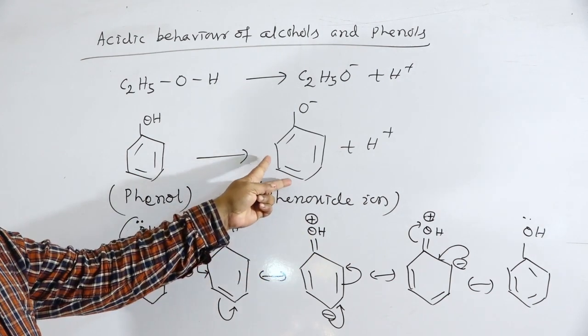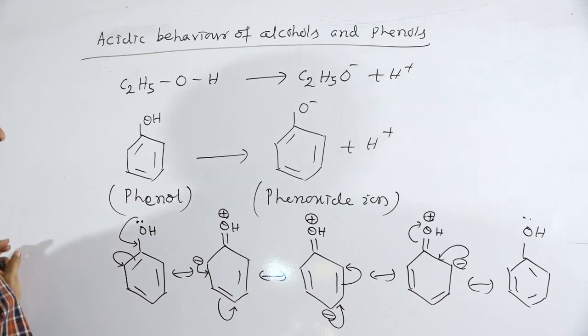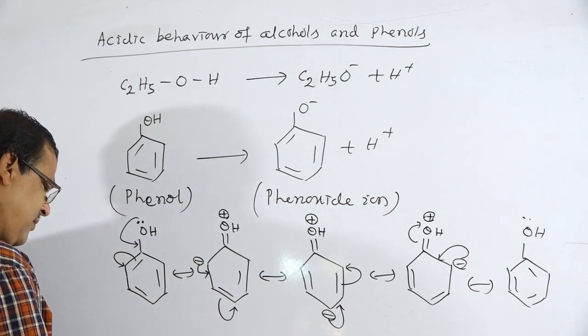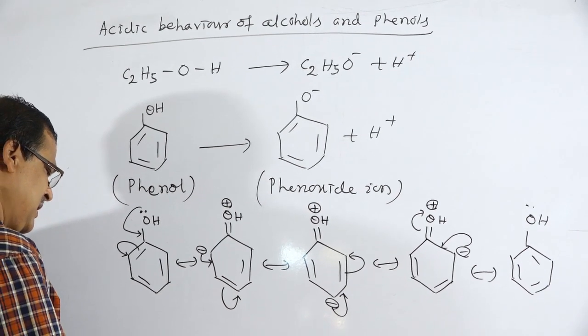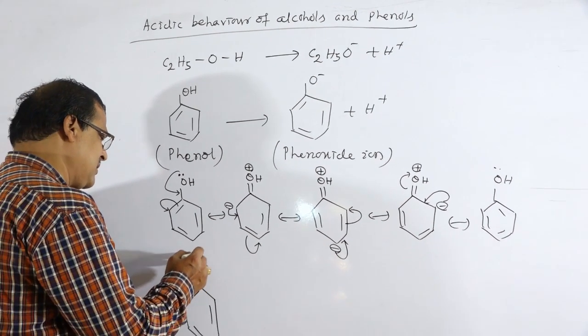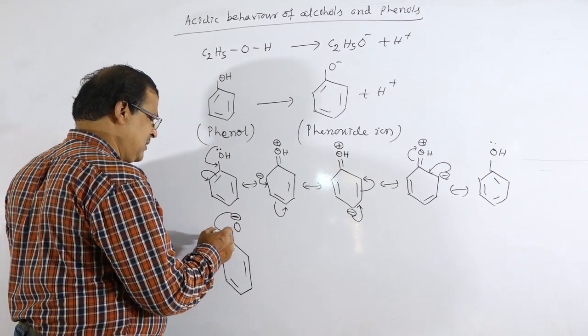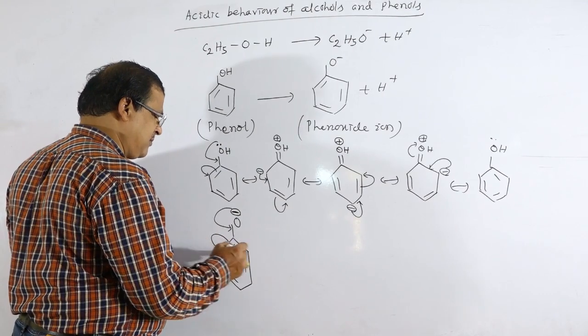And if you write the resonating structures for the phenoxide ion, the negative charge will come to form a bond, and the bond will be shifted to the next atom.